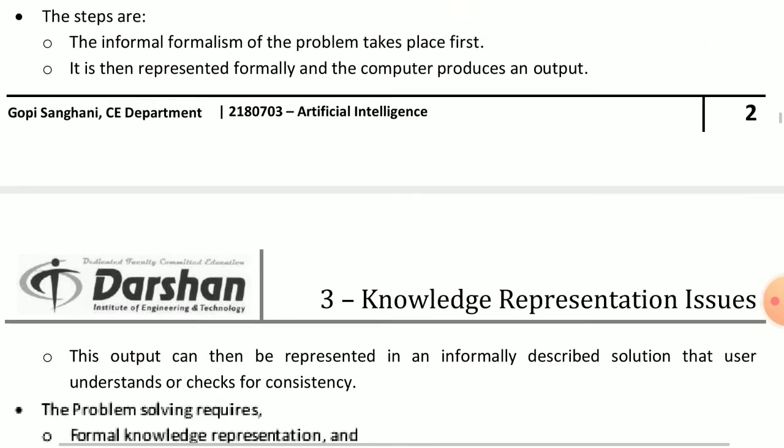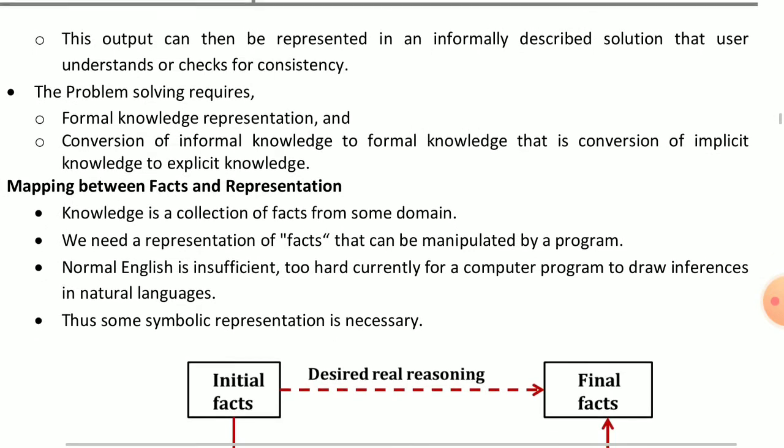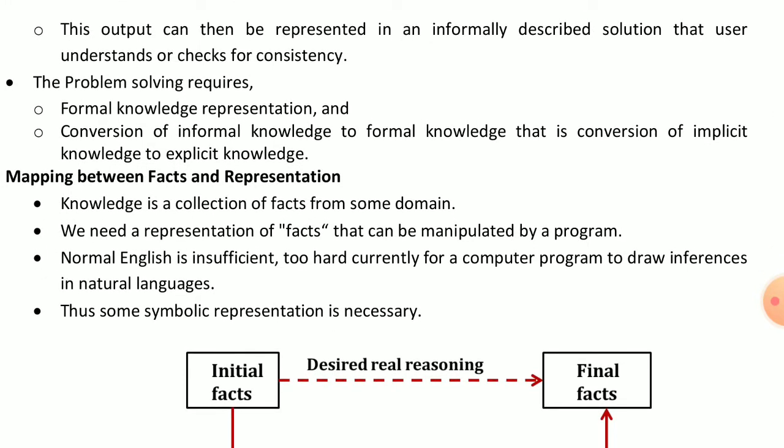Now next, the output can then be represented in an informally described solution that users understand or check for consistency. The user can check whether the output is correct or not. It is not always possible that we get the output and it is right. Many times we get an output, but it is not the actual output.